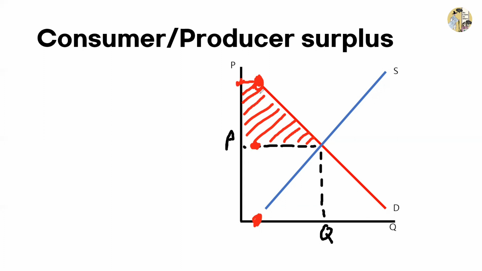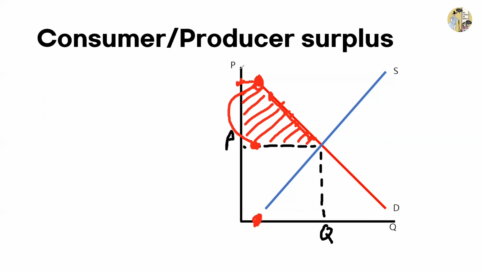So in this case, people at this point receive this much additional satisfaction, or in other words, consumer surplus, and it applies the same to this point, this point, and more. People at any point at which their price is above the equilibrium price receive an additional satisfaction by purchasing this good at a cheaper price than their maximum willingness to pay.